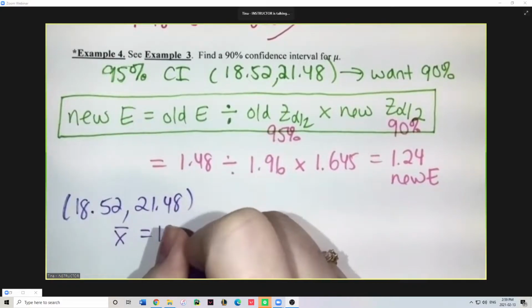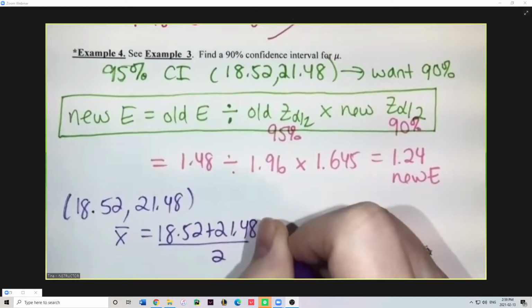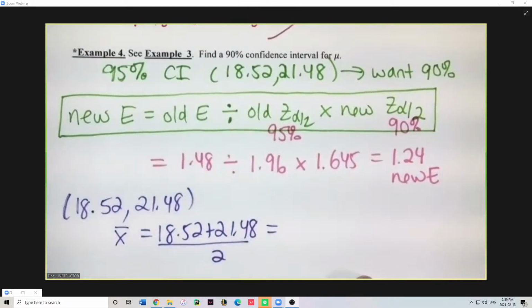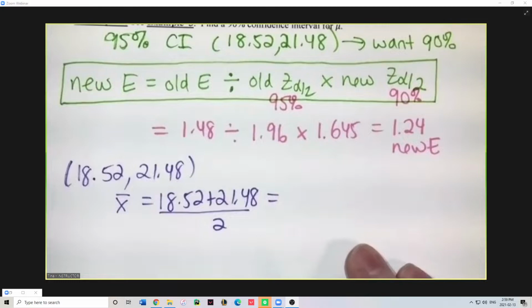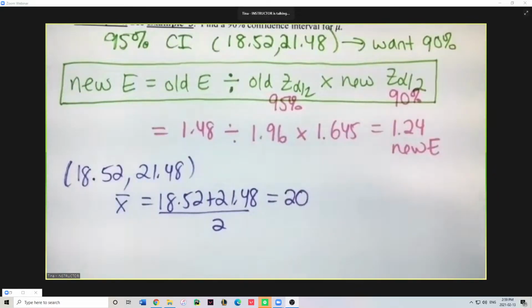We have our X bar is the middle. Go ahead, calculate the midpoint of this. So it should give you 20.